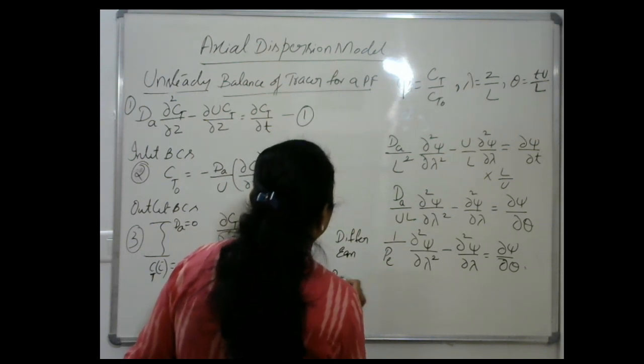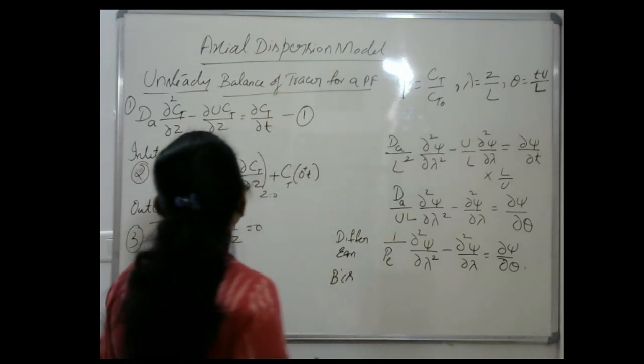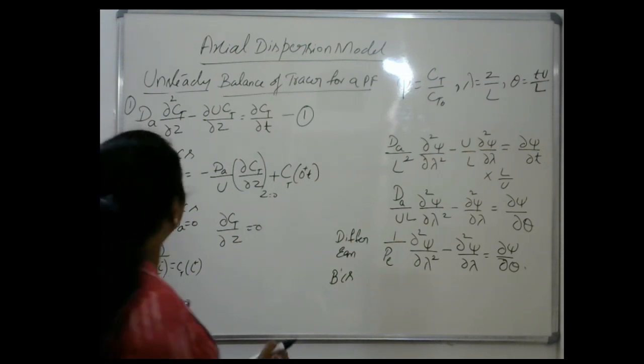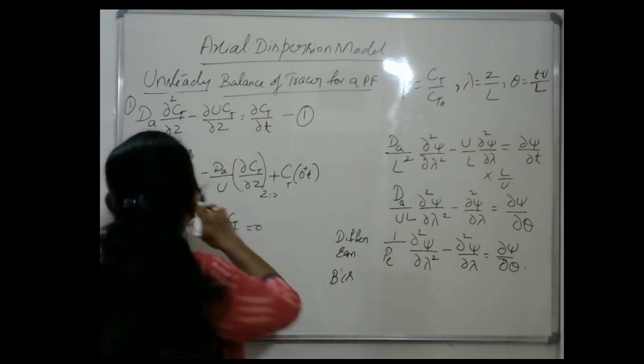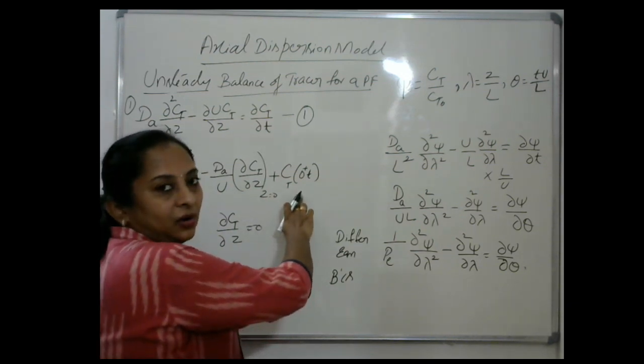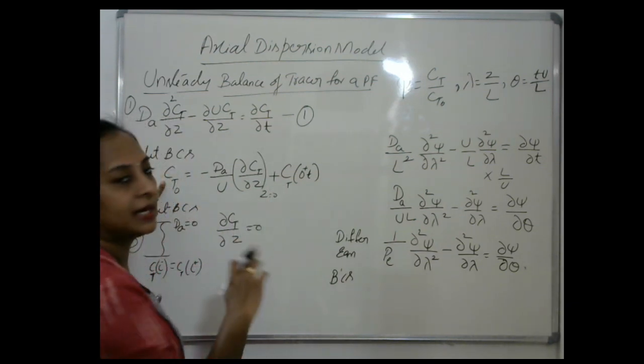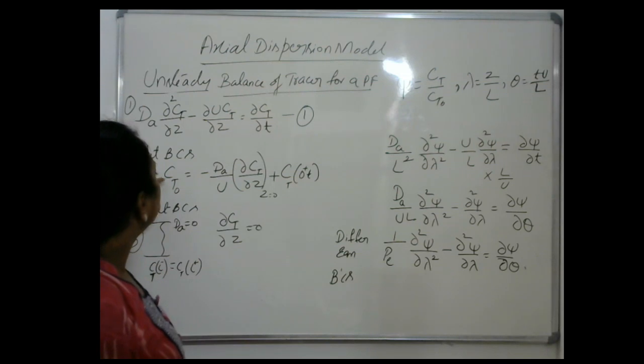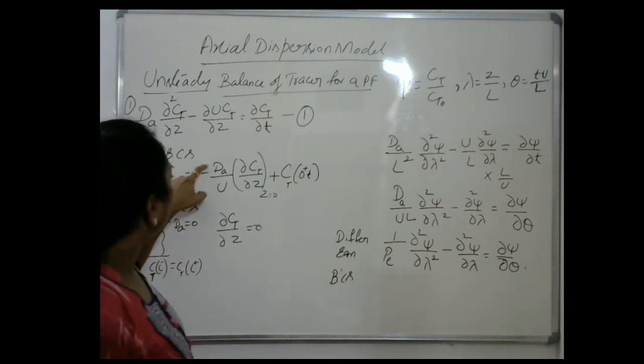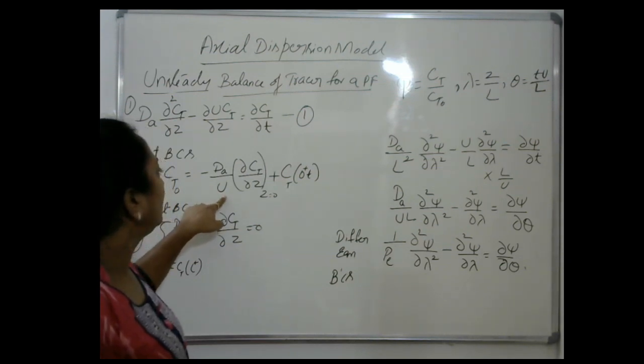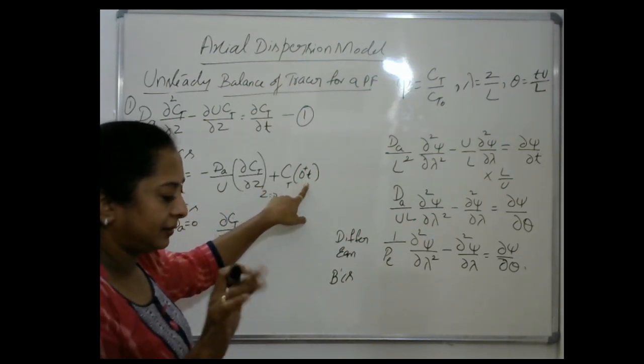And boundary conditions. So first, what I'll do now, I'll divide this entire equation by C_T0, and in the LHS I'll get 1. So this is d minus 1 is equal to minus dA by C_T0 u and 1.